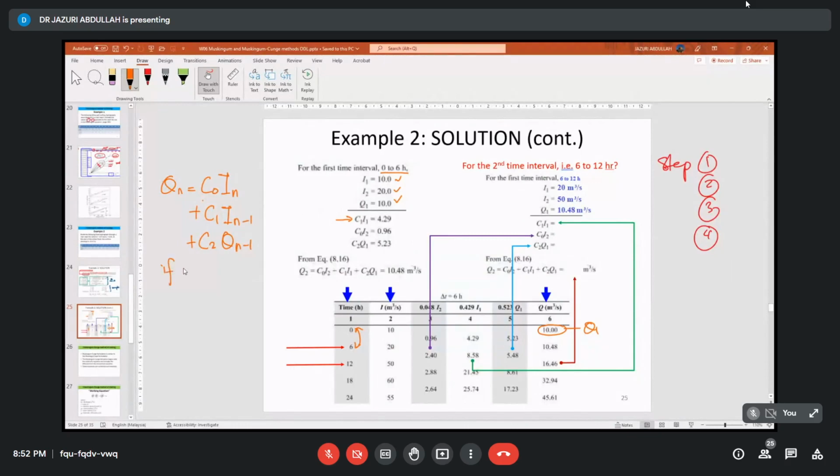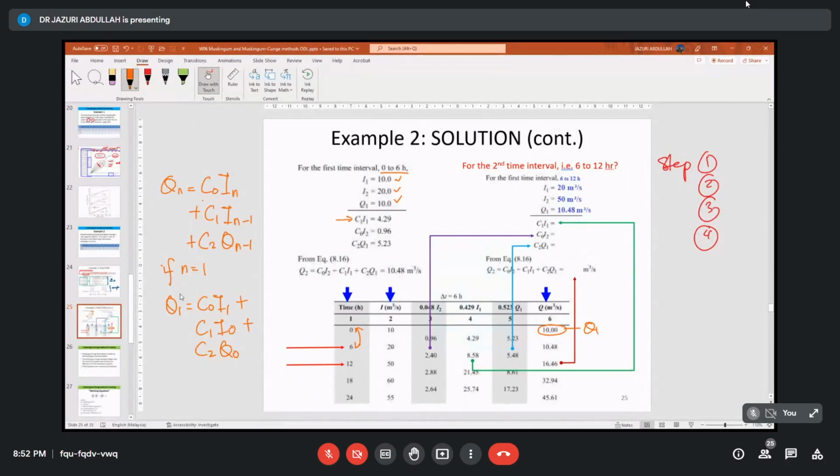So if n equal to 1, so apa yang akan berlaku adalah Q1 equal to C0 I1 plus you have the C1 I1 minus 1 is 0, and then you have the plus C2 Q1 minus 1 is 0. So meaning that the Q0 and I0 is the previous punya data.